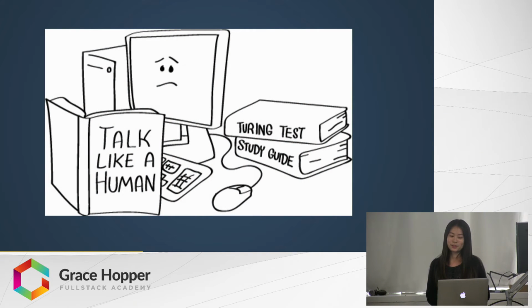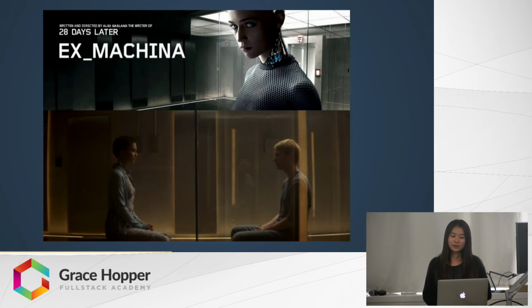So here is a picture of a computer studying for the Turing test. And also last year there was a movie, Ex Machina, where, I don't know if anyone has ever watched it, but this guy, I don't want to do any spoilers, but this guy creates an artificially intelligent being.